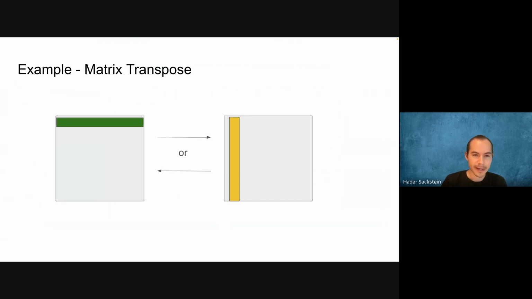So, moving on, I wanted to show you an example of a matrix transpose. This is an operation that sometimes you would need to do. In matrix transpose, you read a row and write a column, or the other way around. So what could be the problem potentially?